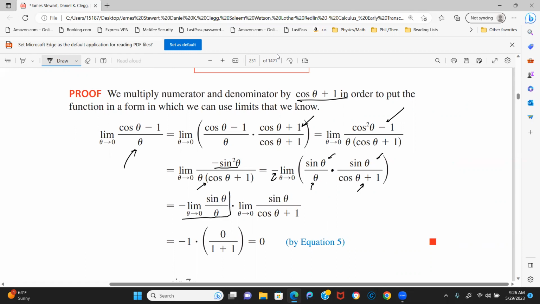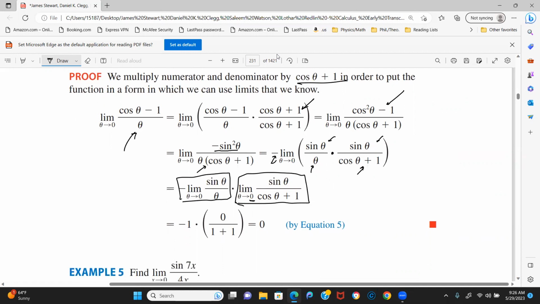Now this limit right here, we know is 1, that's the one we just determined. This limit right here is a continuous function of theta, and it's continuous at 0, so just plug in 0. So this limit was a bit easier once you know the other limit.